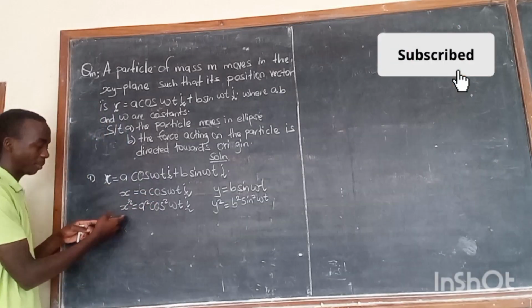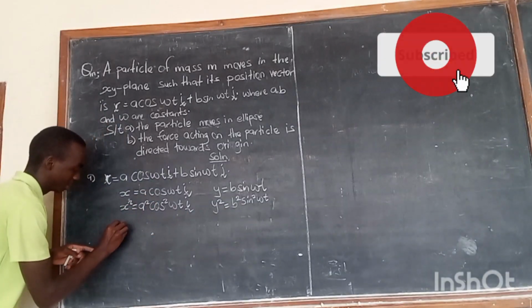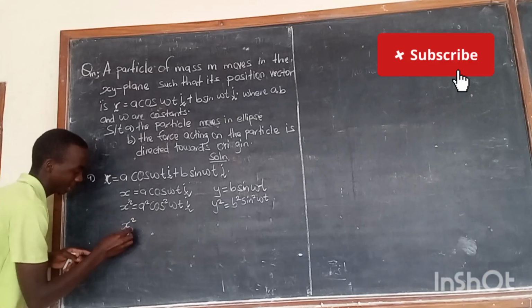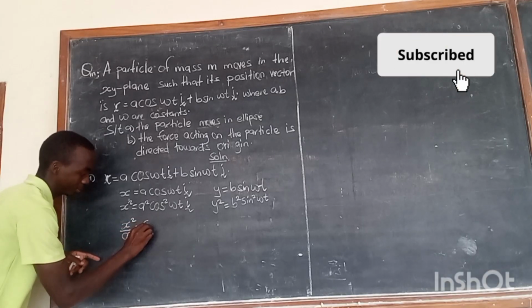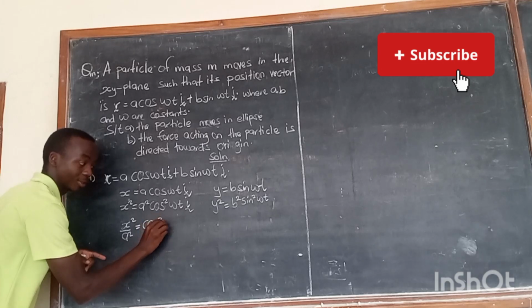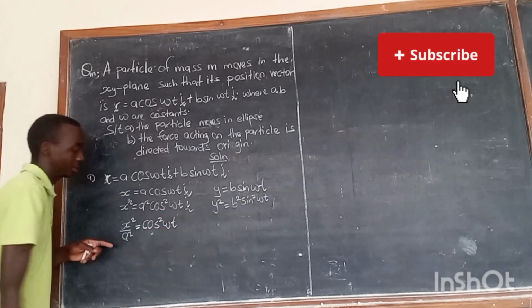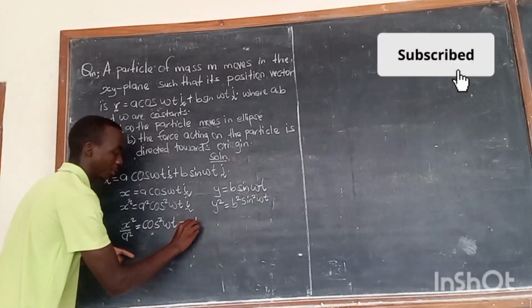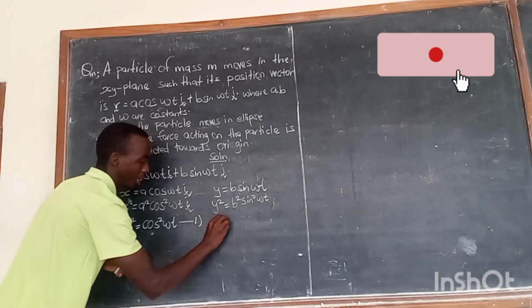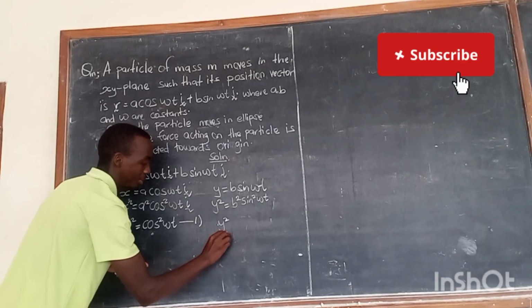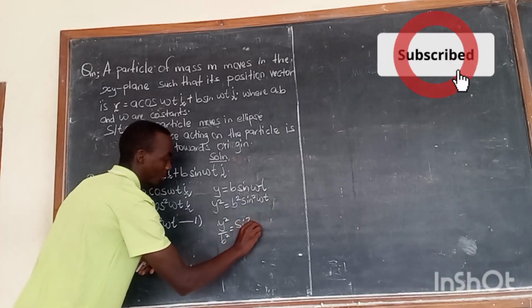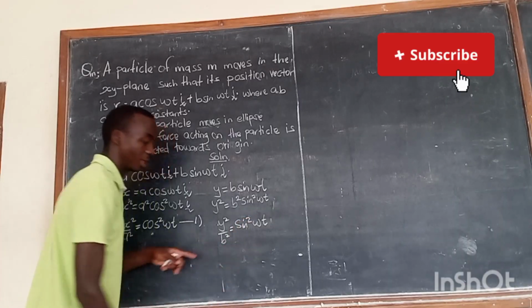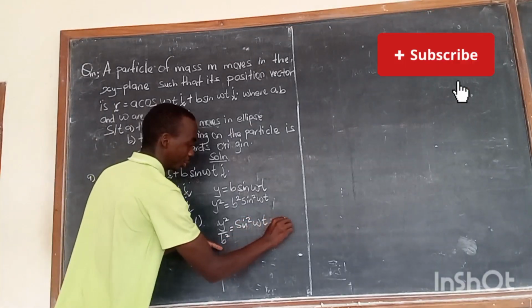So we divide here by a squared, here by b squared, so that we shall have x squared over a squared is equal to cos squared omega t. This one becomes our equation 1. Then here we have y squared over b squared is equal to sin squared omega t. Then this will be our equation 2.